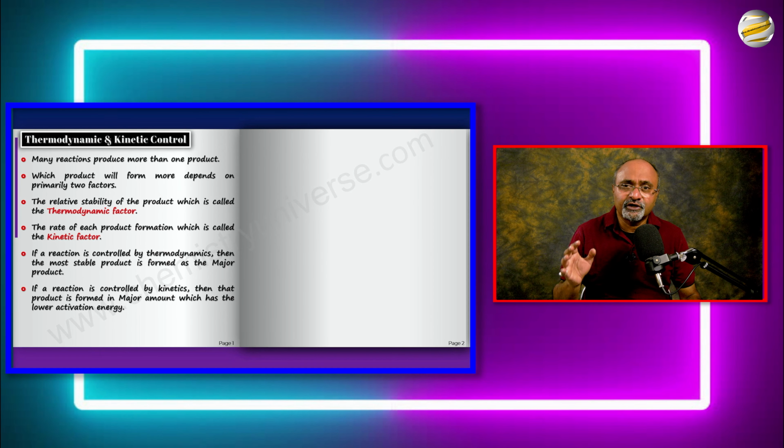If you have a reaction in which the product is governed by stability, then the thermodynamically controlled product will be the major product. Now you might wonder, wouldn't all reactions follow that? You'll come to know they don't. Not all of them follow that. And if a reaction's product is controlled by the speed, then the one which has the lower activation energy or the larger rate will form in greater amount.